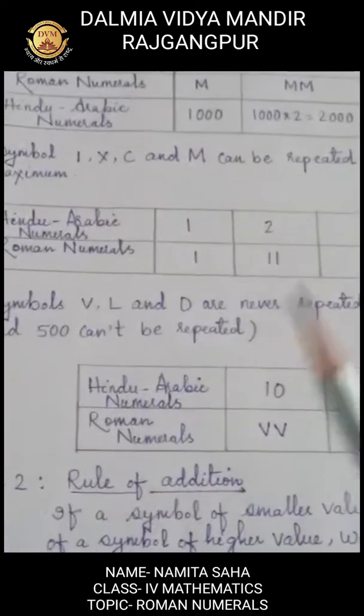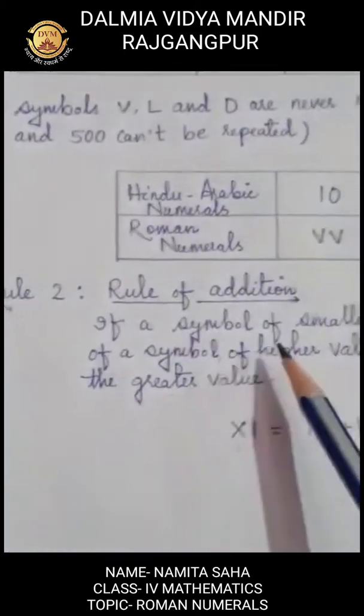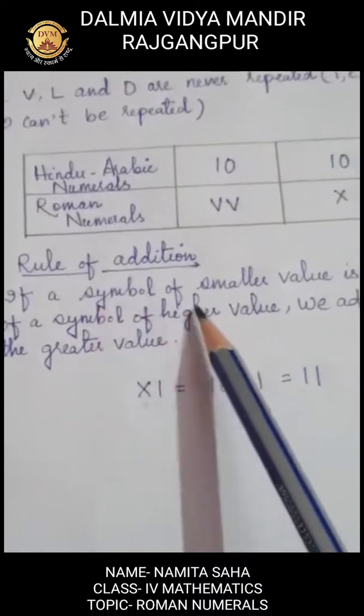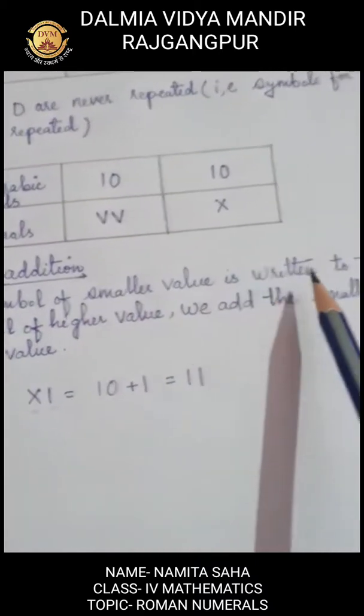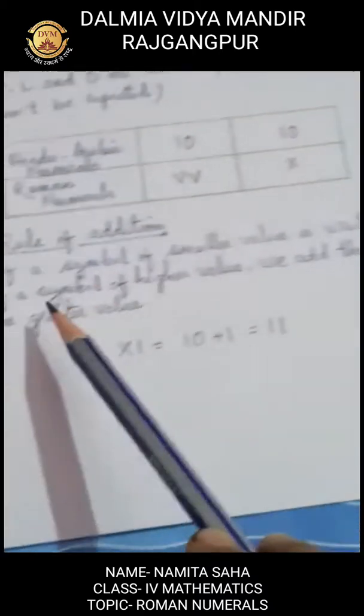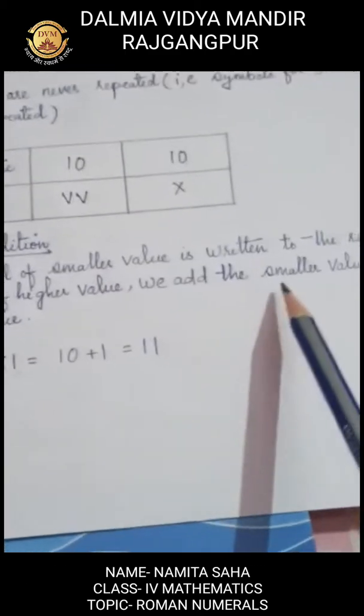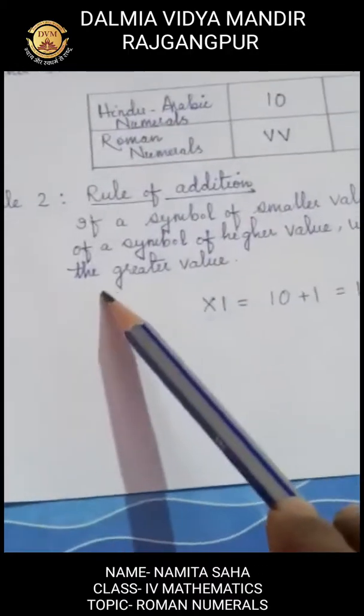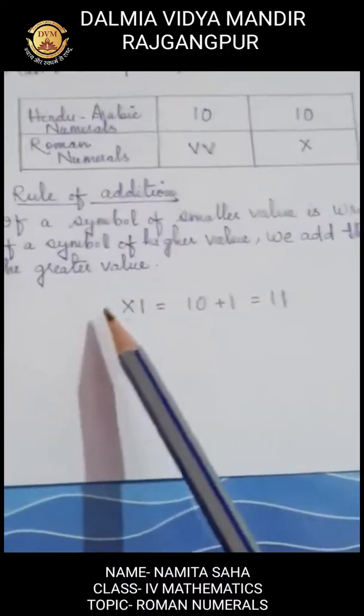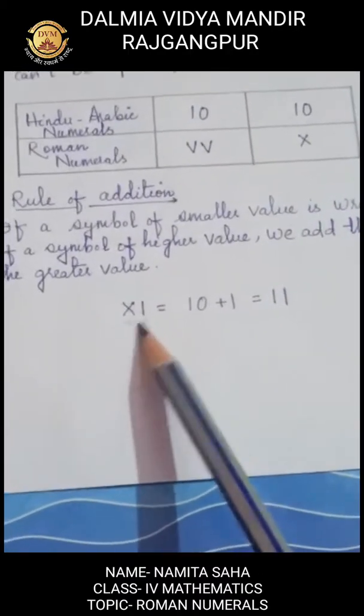Okay children. Now our second rule, the rule of addition. If a symbol of smaller value is written to the right of a symbol of higher value, we add the smaller value to the greater value. Let us consider one example. Here you can see the two symbols.